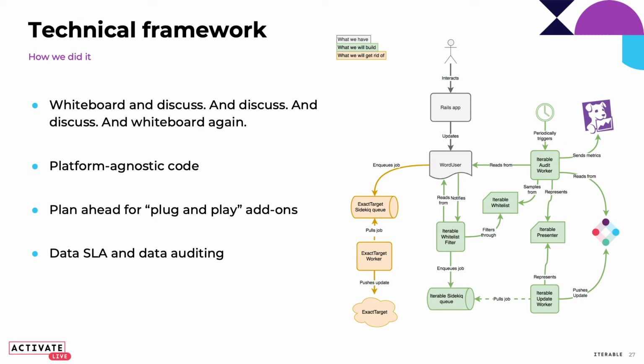We want those in the user's inbox before they toggle over to their inbox. We don't want a user to have to wait a second to get that forgot password email. And we developed a parallel high value or high importance data stream just for those key emails to make sure that they were flying into Iterable as quickly as possible.